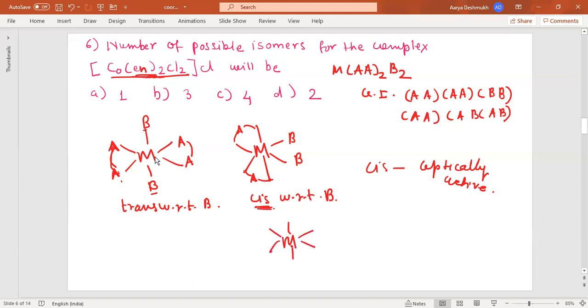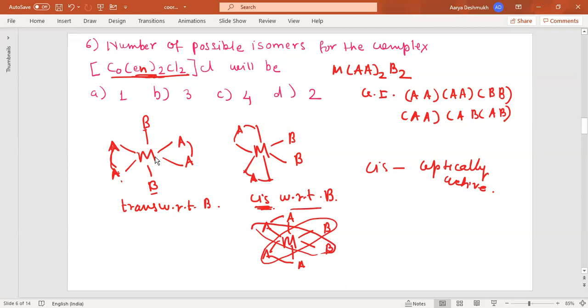The same one, I'm drawing this: B and B, here it is A, and A, and I join them like this. Now this is the same. This is the cis isomer, and here the diagonally opposite ligands are different. These two are different, these two are different.